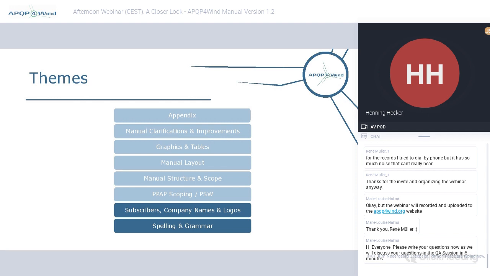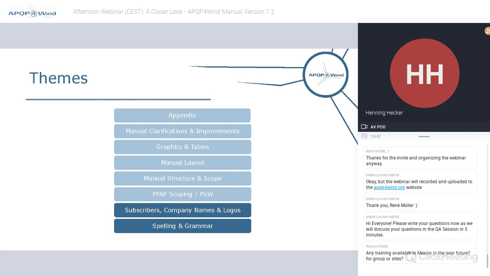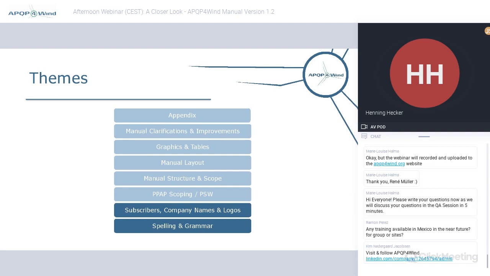You will find some adjustments in the manual, sometimes according to regular American or British English. And we also added information about the logos and about the companies that are joining us, on the back of the manual.